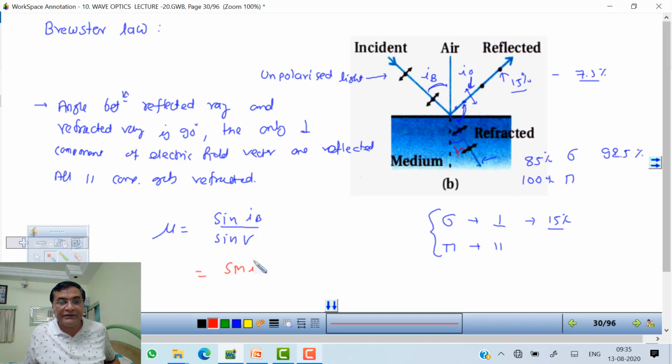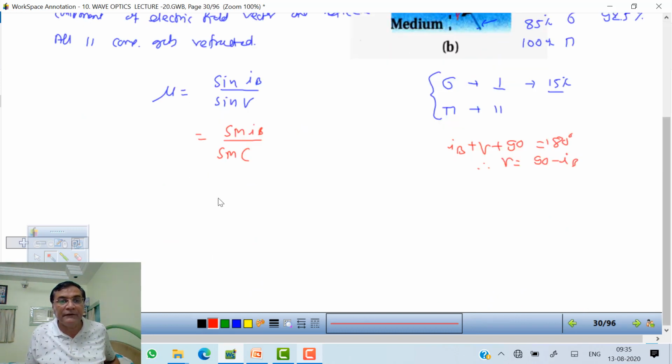Sin IB upon sin R. You can see R plus 90 plus IB is equal to 180. IB plus R plus 90 is equal to 180 degree. And then what is R? Okay, 90 minus IB.